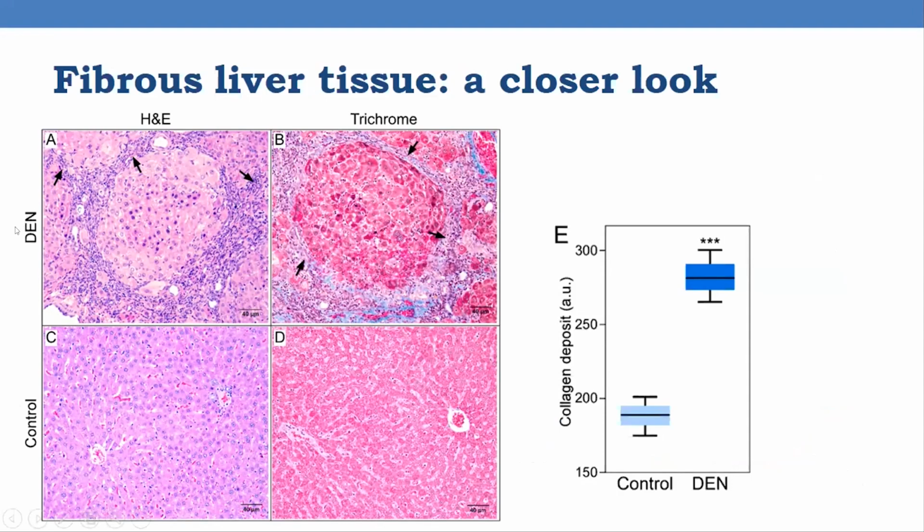But in DEN-fed animals, we observed the development of numerous septa with collagen deposits, as shown by these arrowheads. So these all are the collagen deposits. And when we quantified the collagen deposits, we found a dramatic increase in collagen deposits between control and DEN groups.